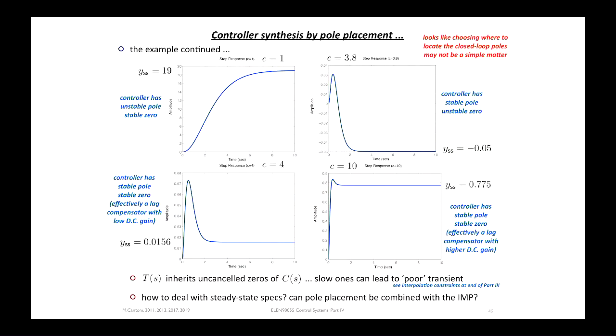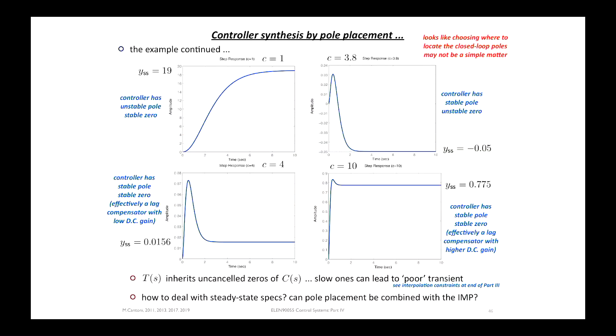Continuing on this example, this shows what happens when you choose C equals 1. We end up with a closed loop that has a complementary sensitivity with positive DC gain, but it's large. I'm putting a unit step in, and what I'm getting out is a steady state value of 19.